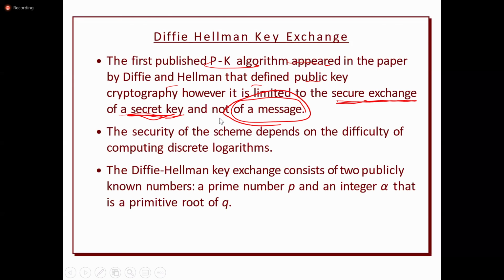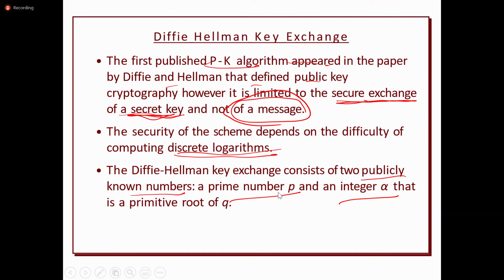The security of the Diffie-Hellman algorithm depends on the difficulty of computing discrete logarithms. It consists of two publicly known numbers, a prime number and an integer alpha.